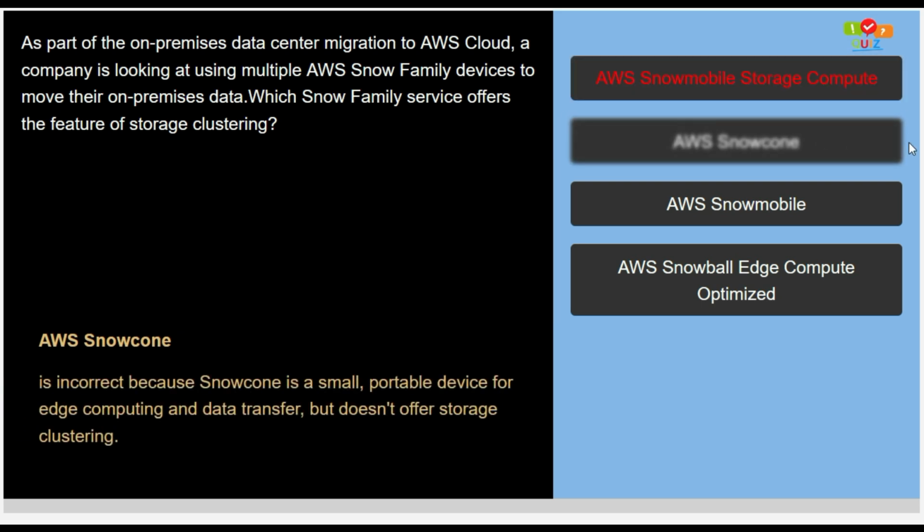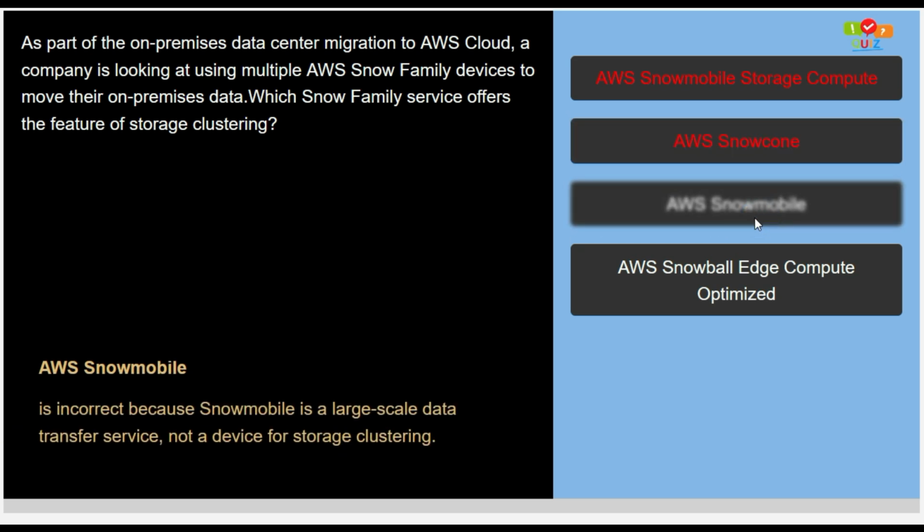Next option is AWS Snow Cone, which is also incorrect because Snow Cone is a small portable device for edge computing and data transfer, but doesn't offer storage clustering. Okay, so this is your wrong answer. Option 3, AWS Snow Mobile, is incorrect because Snow Mobile is a large scale data transfer service, not a device for storage clustering. Okay, so this is also a wrong option.